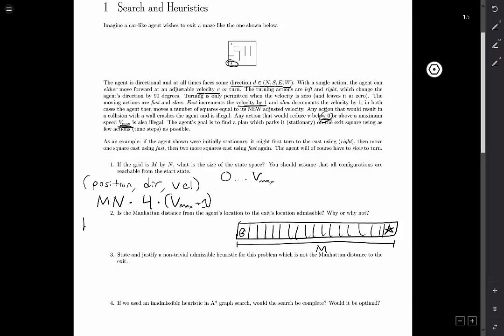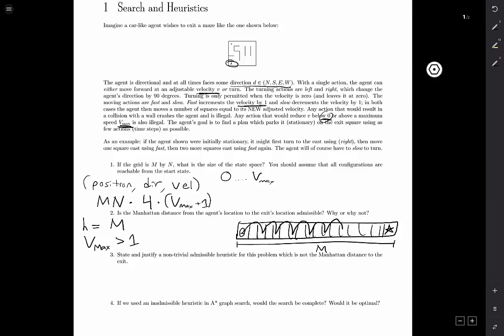So what would Manhattan distance return? Manhattan distance would return h equals m. However, we know Pac-Man, or the agent, can increase their speed to go more than 1 square per turn. So in general, Pac-Man could get there in less than m, because if Vmax is greater than 1, let's say he moves 2, the agent would get there much faster.